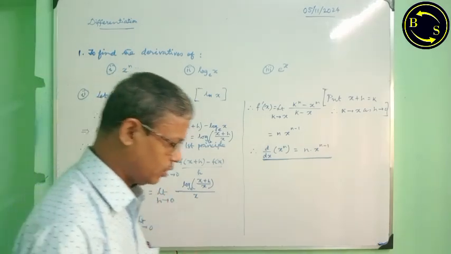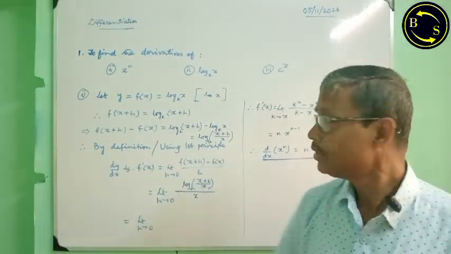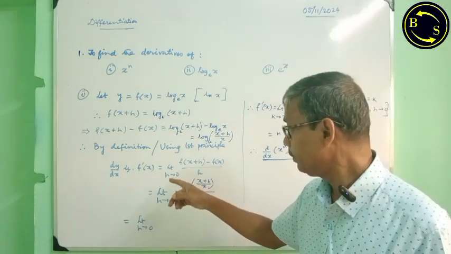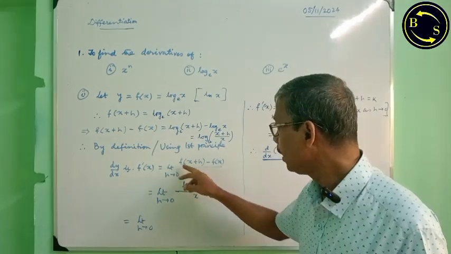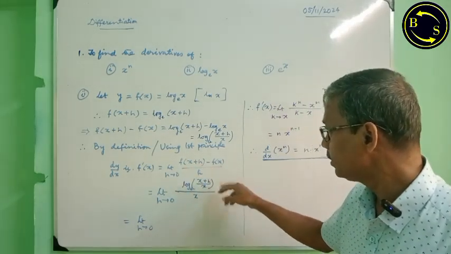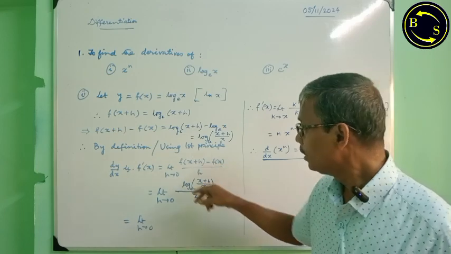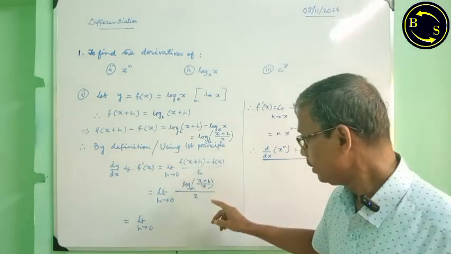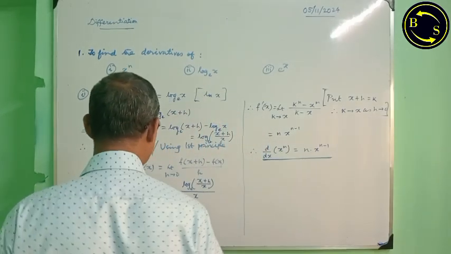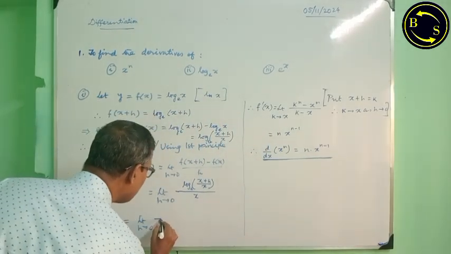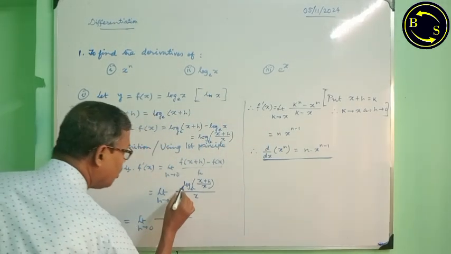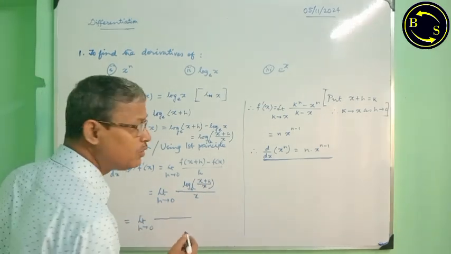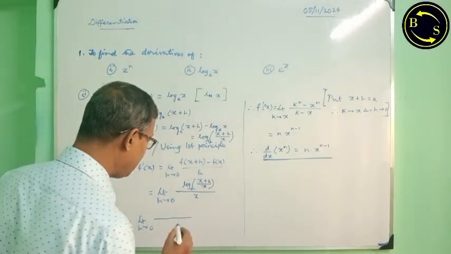Remember, always in the first step you write the definition of the derivative, then you put the value of f(x plus h) minus f(x). Better you calculate this value earlier than this. Now this is x plus h by x. If we divide, we get 1 plus h by x.